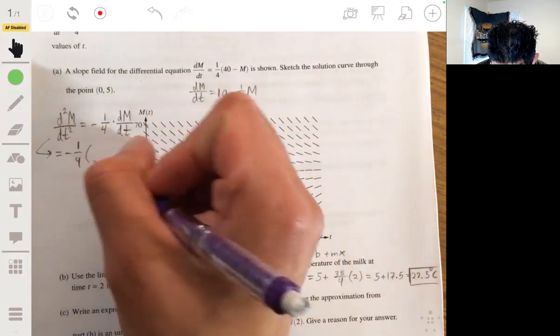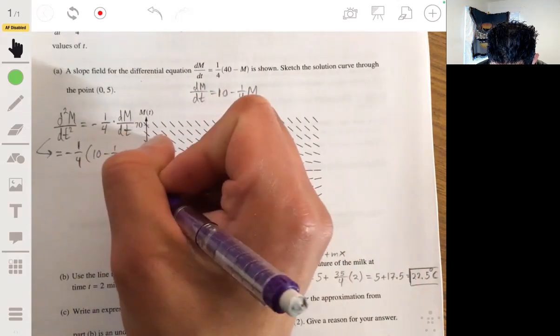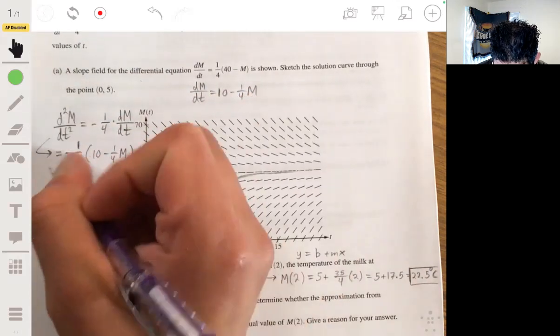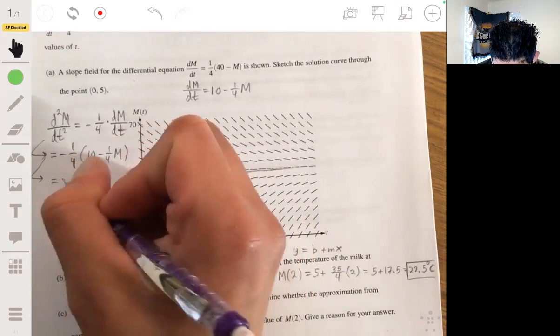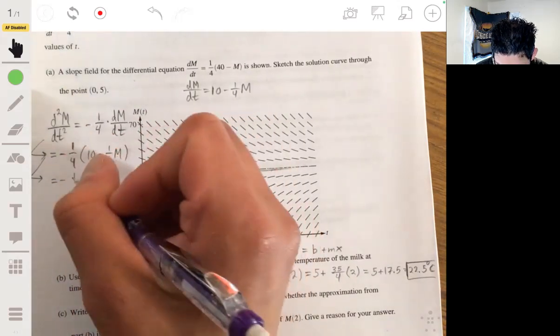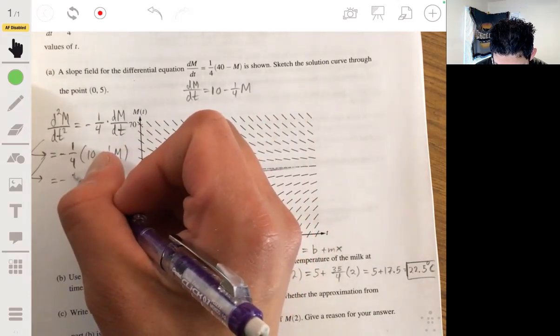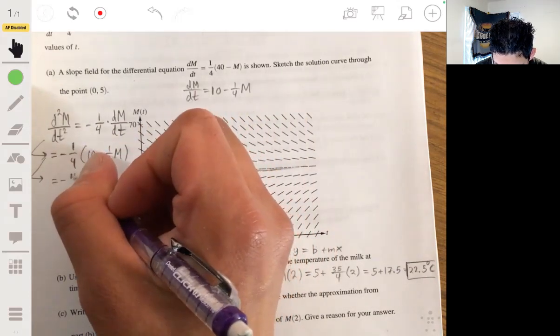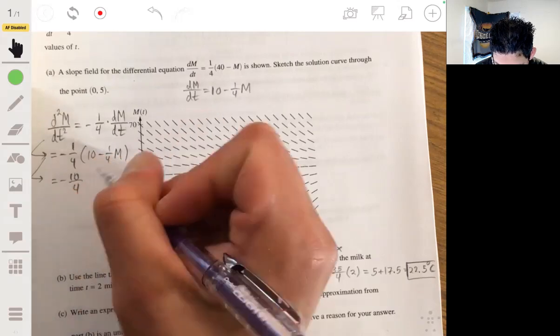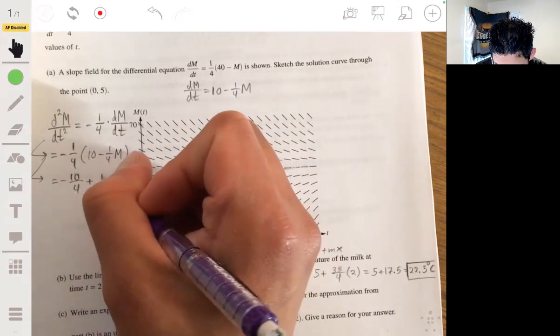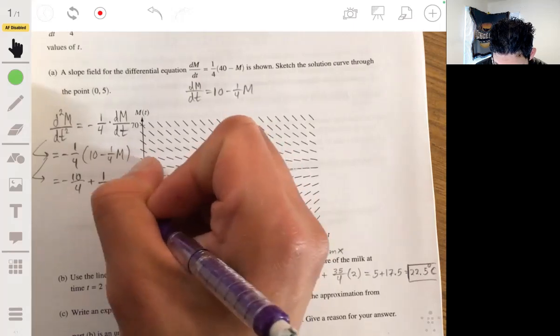Negative 1/4 times (10 minus 1/4 M) gives us negative 10/4, or negative 2.5, plus 1/16 M.